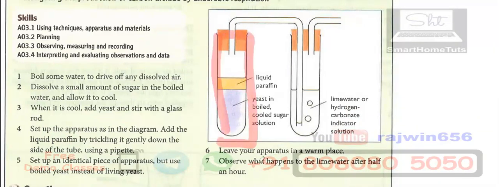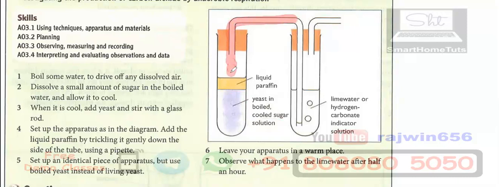What we have taken over here is yeast, boiled water to drive off oxygen or air, and cooled sugar solution. This is one set of apparatus. In the second set of apparatus, we are taking boiled yeast and other things remain the same. And we are leaving this in a warm place.